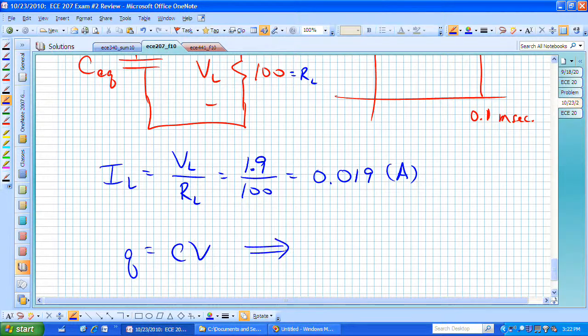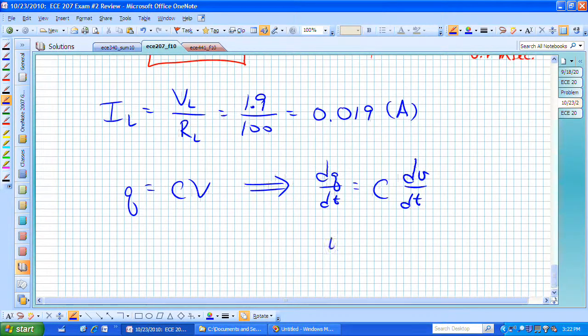From that, if we differentiated and assumed that we had constant capacitance, we would have dQ/dt is equal to C dV/dt, and that's actually what gives us this mnemonic that I'm always using, and that's ICE. So here's I, C, and E. There's ICE, and that's coming from Q is equal to CV when we differentiate that. But Q is equal to CV can be used right now.